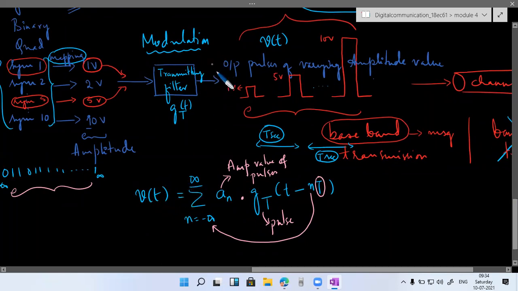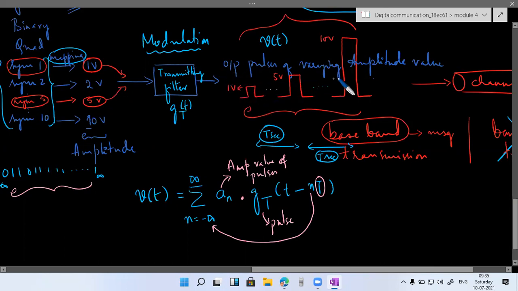Whatever output I'm getting out of this transmitting filter, we'll call this V of T. And what do I have in this V of T? It is nothing but a train of varying pulses, pulses having varying amplitude values. It need not be in the same order. If my starting symbol is somewhere in between, say symbol 6, then initially I'll get a pulse associated with a 6 volt amplitude value.